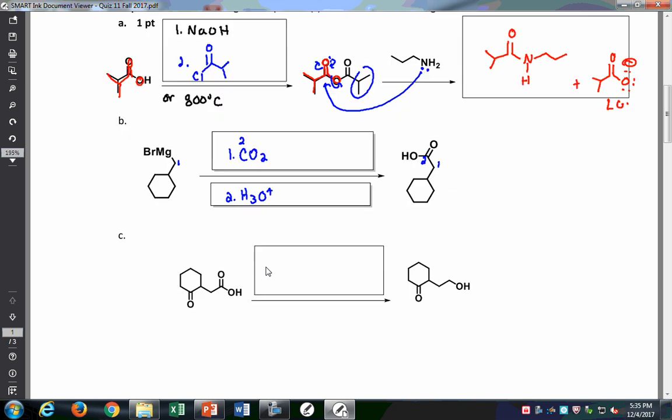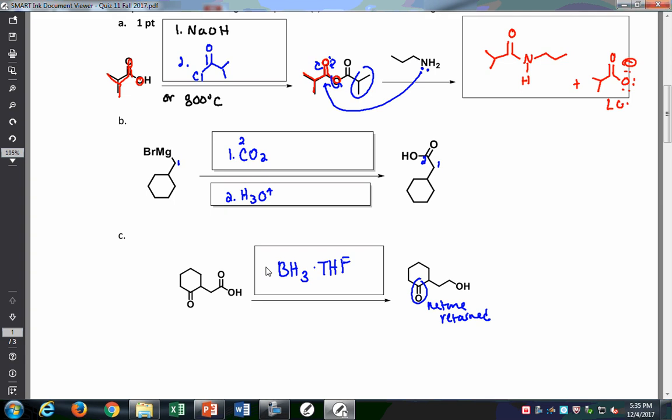C is not a simple lithium aluminum hydride reaction because we did not reduce the ketone. We selectively reduce the carboxylic acid without touching the ketone. So this is not just a simple lithium aluminum hydride. We can use, we learned BH3 with THF to do this, and that will selectively reduce the carboxylic acid and not the ketone.